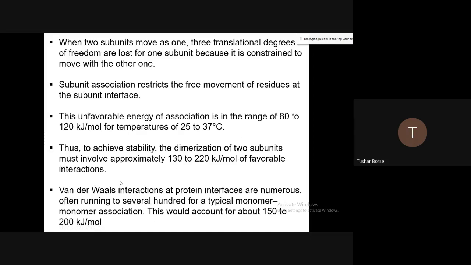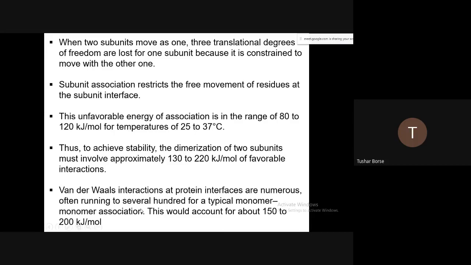Okay. And the favorable energy which is helping to overcome this unfavorable energy of association, the major contribution is from the van der Waals interactions or the hydrophobic interactions. Although they are not a true type of interaction, there are many of these kinds of interactions which give that stability to the protein, or provide that much free energy, so that the favorable association can take place and you get a very stable structure.